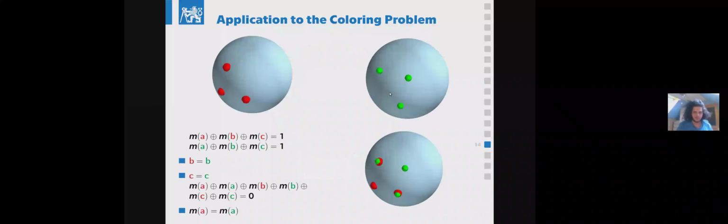So we combine these two evaluations. We have A, B, and C, where B is equal and C is equal. So we sum them up and get this sum, and we arrive at the value of here equals the value of here.